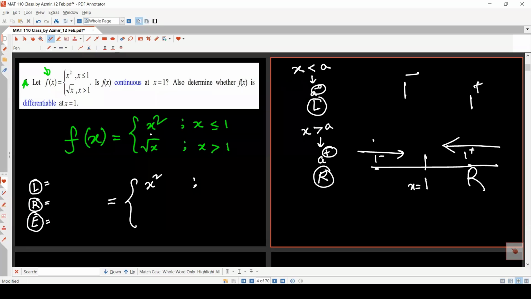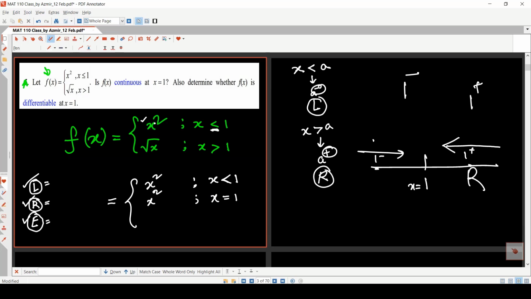We have a function x squared, which is defined for x less than or equal to 1, and square root of x, which is for x greater than 1. So you can see that for x less than 1, we will have x squared. Similarly, for x equals 1, we have the same function, x squared. And now we have x greater than 1, that is for square root of x.